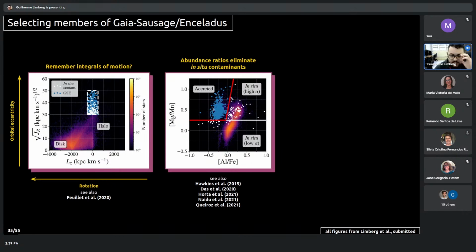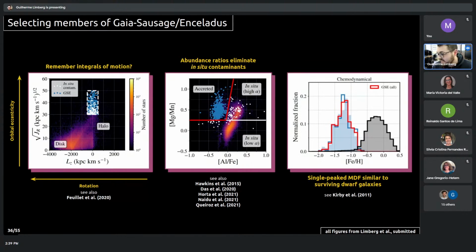And this is exactly what I'm showing in this figure. I'm using a combination of chemical abundances. Just for reference, this is a combination of magnesium, manganese, aluminum, and iron. And this chemical abundance space was specifically designed, or explored, let's say, to maximize the separation between accreted and in situ populations in the Milky Way.